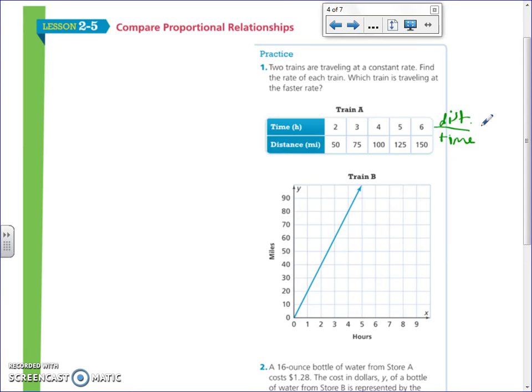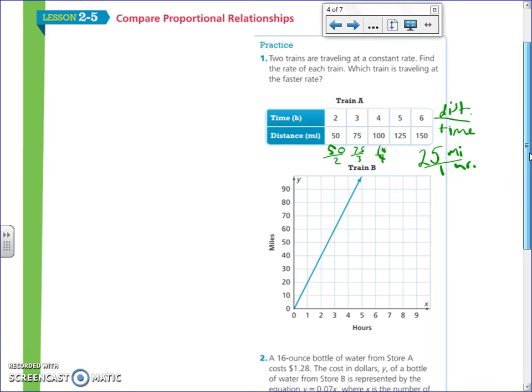So I'm going to take 50 and divide it by 2, 75 divided by 3, 100 divided by 4, and so on. All of these will give us the same answer since it's a train traveling at a constant rate. When I divide those out, I get my rate for train A as 25 miles per hour.